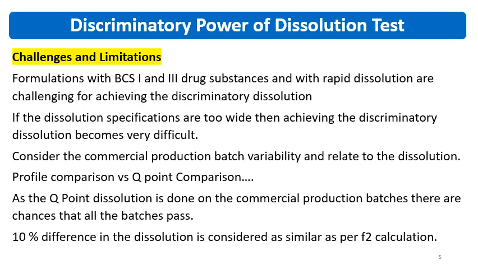Then consider the commercial production batch variability and relate it to the dissolution. Formulators or scientists, if they want to show the discriminatory power, sometimes take irrelevant batches and show that the dissolution is showing the discriminatory power.